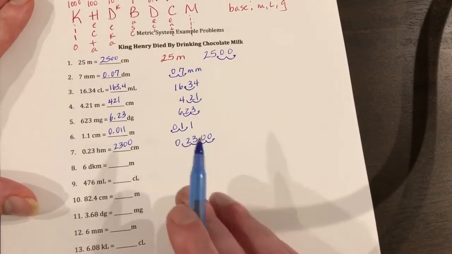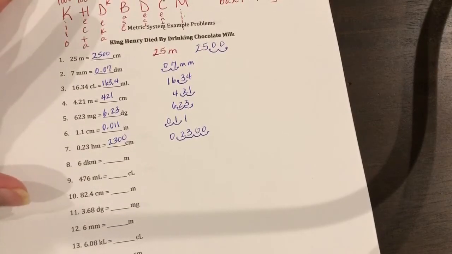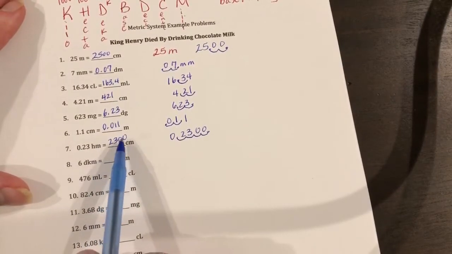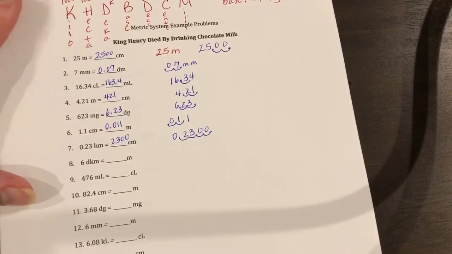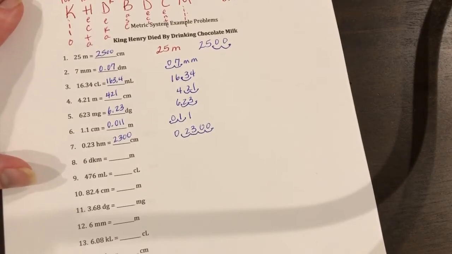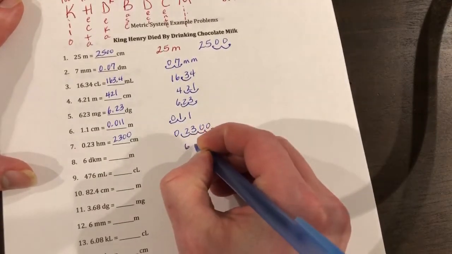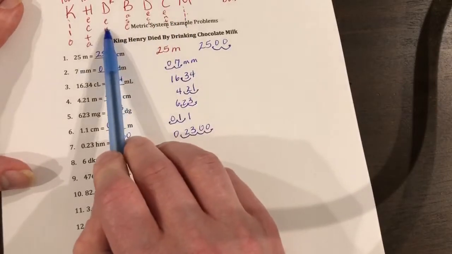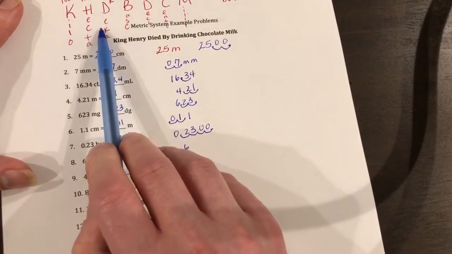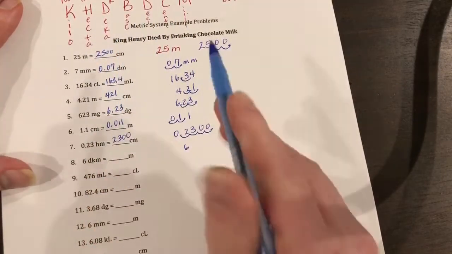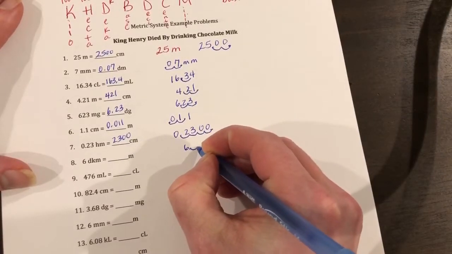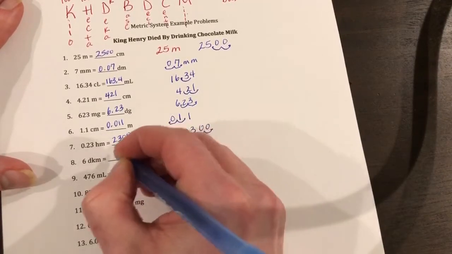No, you don't. It's not going to mean anything. So we don't write 0, 2, 3, 0, 0. Okay, 6 decameters, and I want to go to meters. So deca is right here, and I want to go to my base unit because meters is your base unit, so I move it one place to the right. My decimal's right there. I move it one place to the right. So it's going to be 60.